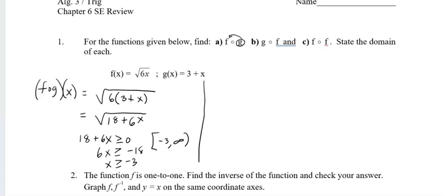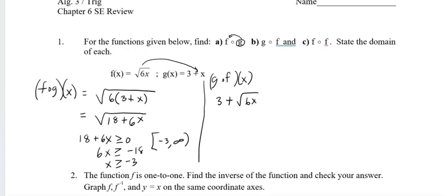And now we'll do the g of f. And now it's just going the other way. The f function is going to be used as an input into the g. So in place of x, I'm going to put the square root of 6x. And again, we can't combine those, so we just have to be careful that we do not create any negative number underneath the radical.